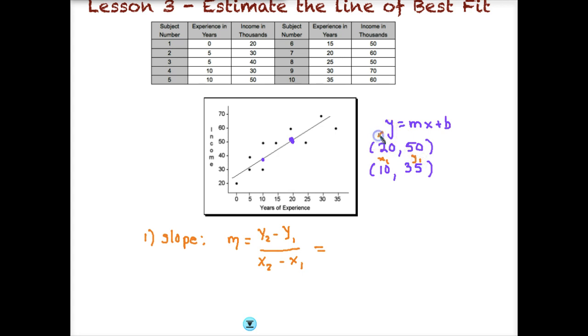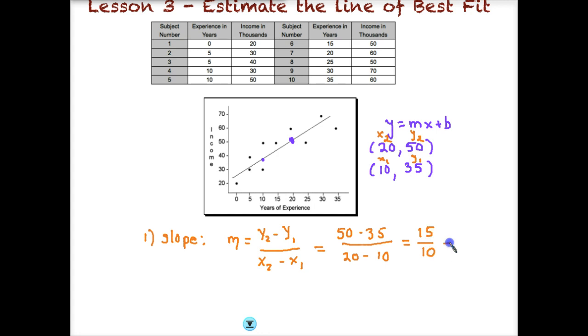We'll call this top one x2, and over here y2. So we take y2 minus y1, that's 50 minus 35, and divide that by x2, which is 20, minus x1, which is 10. We get 15 over 10 for our slope.